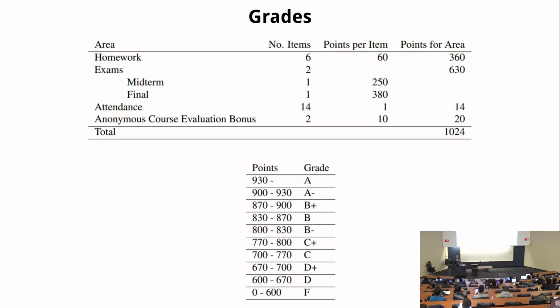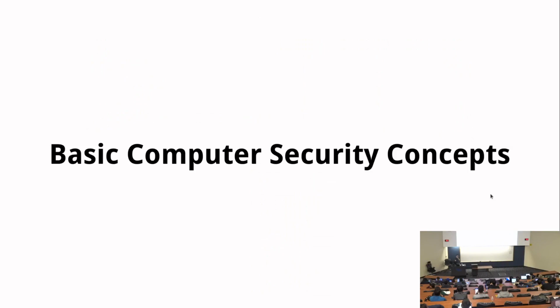If 90% of the class submits the evaluations, everyone gets 10 bonus points. There are 2 of those. So in total, we have 1K points, and then we have grades from A to F. Okay, any questions regarding the logistics?